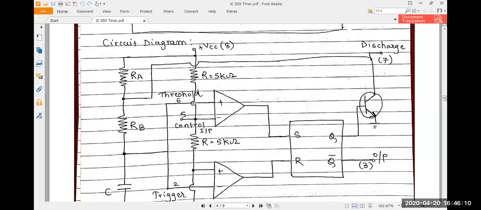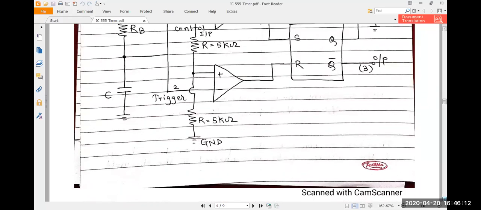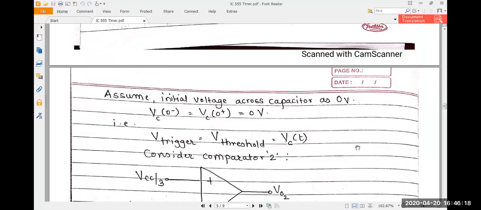Now, there may be a question: what is an astable multivibrator? See, astable multivibrator means whenever we are generating a square wave at the output, both the states, either low or high, or 0 or 1, are not stable. That means they are called quasi-stable states, or you can say temporary stable states.